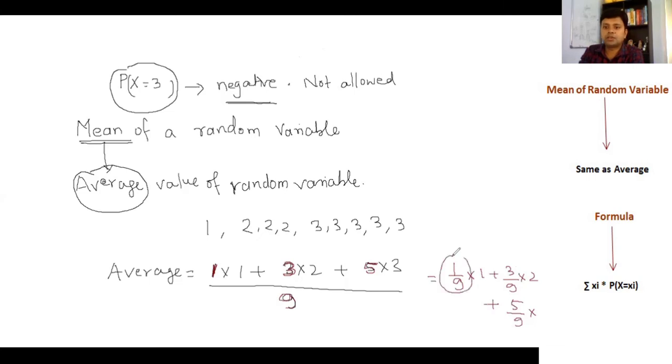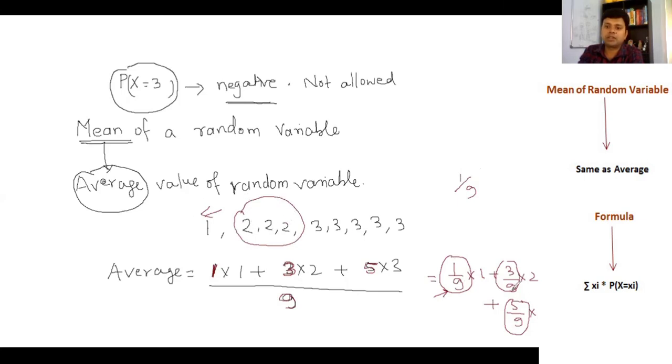The first terms 1 by 9, 3 by 9 and 5 by 9 are respectively the probabilities. Probability of 1 is 1 by 9 because I see a total of 9 items and this is 1. So this is probability of 1 into 1. Now what is 3 by 9? It is the probability of 2, because there are 3 of them and the total is 9.